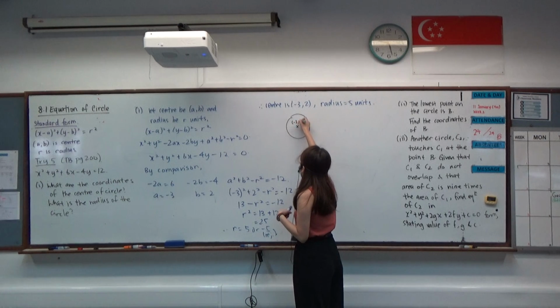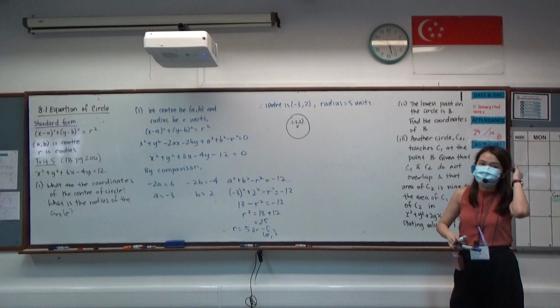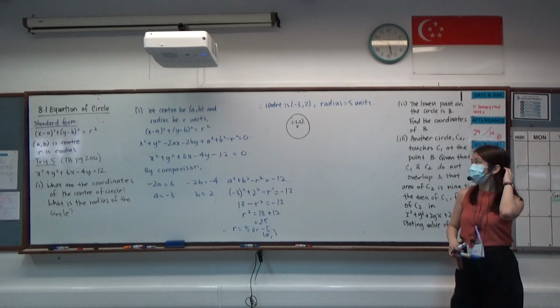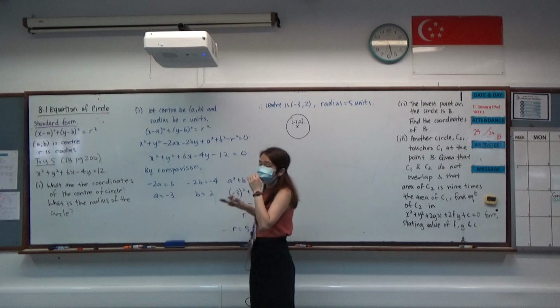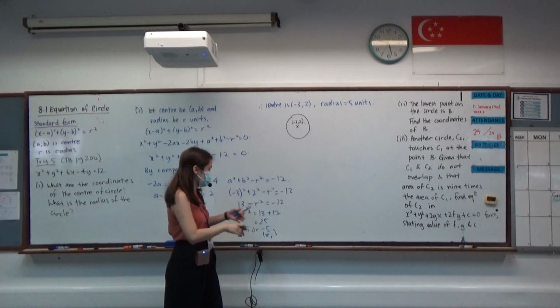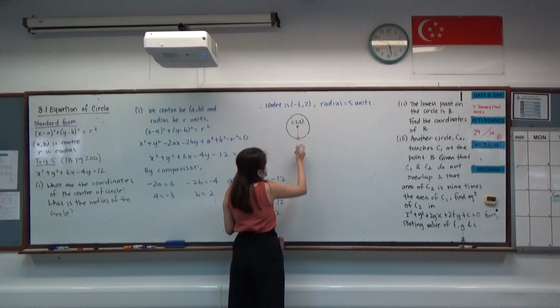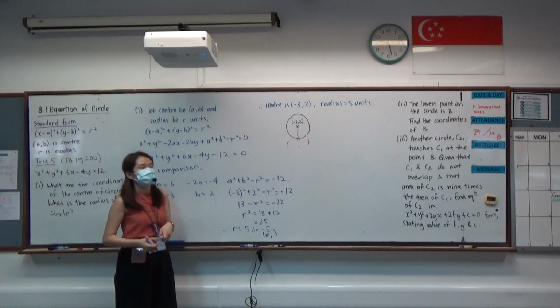The center, we now know, is at -3, 2. Where is the lowest point going to be? Where do you think it will be? Right below the center, right? So it will have to be right below the center, vertically downwards. So what can we then understand about the coordinates?